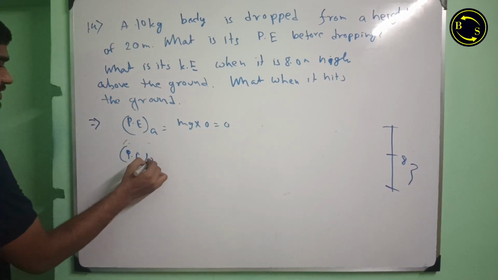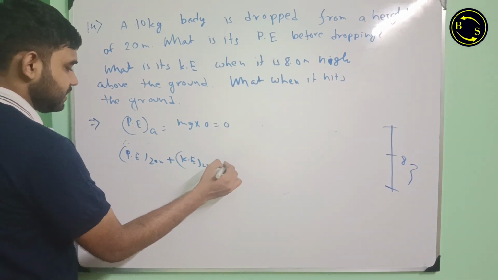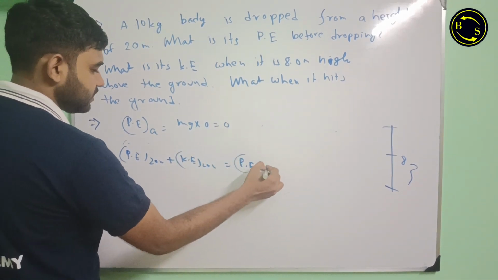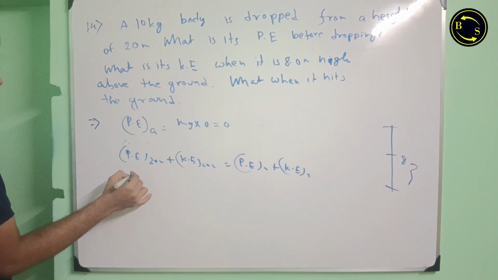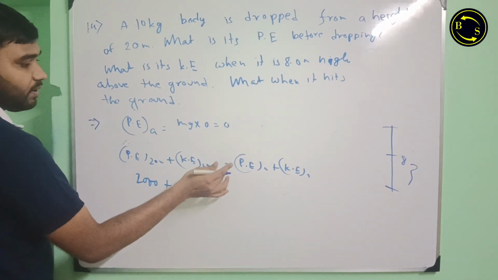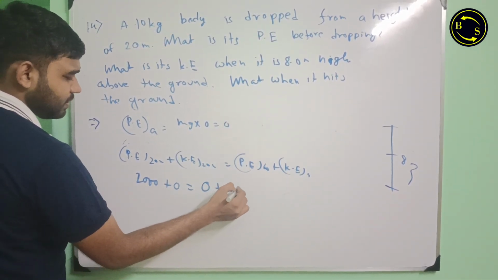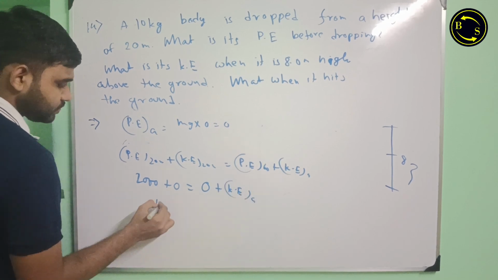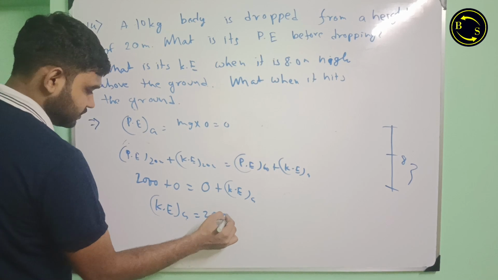So the potential energy at 20 meter plus kinetic energy at 20 meter is equal to potential energy at ground plus kinetic energy at ground. Potential energy at 20 meter we get 2000 plus 0 is equal to potential energy at ground, which is 0, plus kinetic energy at ground. So the kinetic energy at ground is 2000.